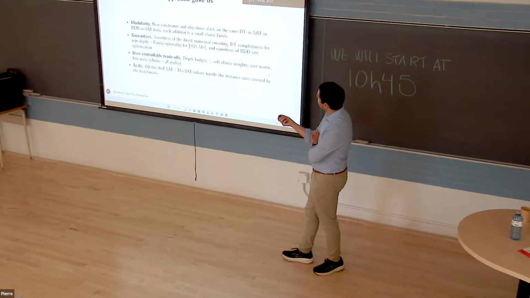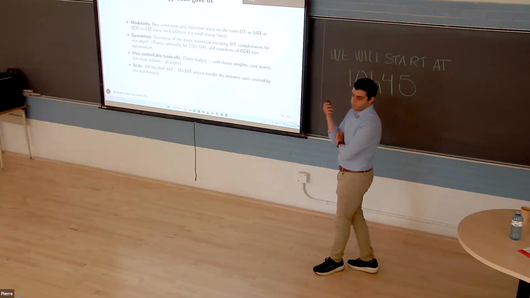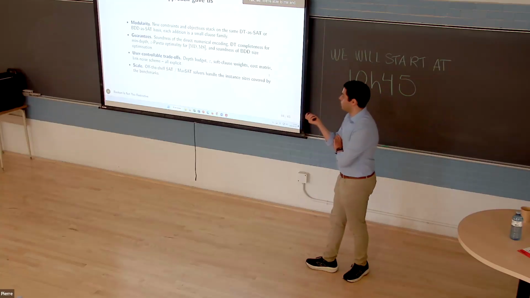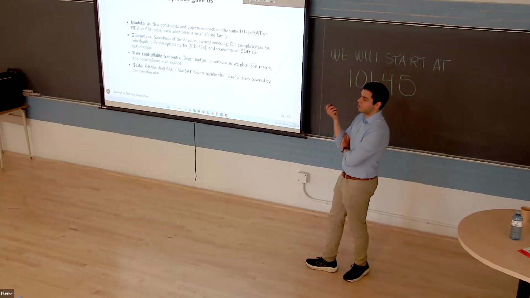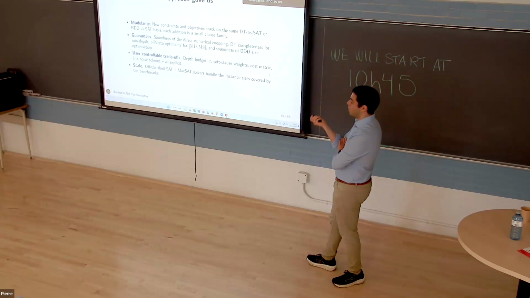And just briefly, I want to talk about why we want to use combinatorial optimization, and in this instance SAT, for problems in machine learning. It's because they give us modularity. In this talk, we were able to mix and match all the components. It gives us guarantees. Heuristic approaches don't tell us this is an optimal solution, don't guarantee satisfaction of constraints, and so on. We can easily trade off different things.